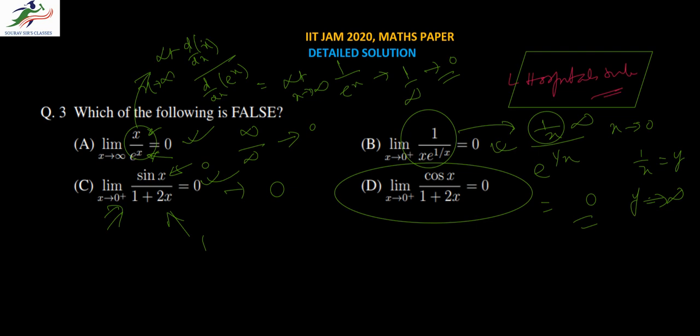Cos x at x tending towards 0 is 1, over 1 plus 2 into x, which is tending towards 0, means 1 over 0, which will tend to infinity and not 0. So this is the odd one out and is clearly the incorrect option. So option D is the right choice.